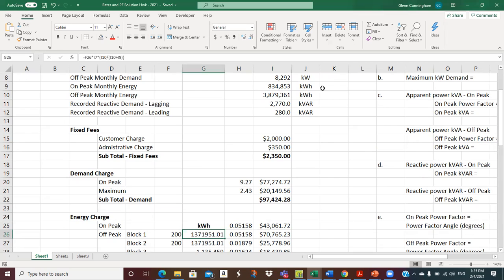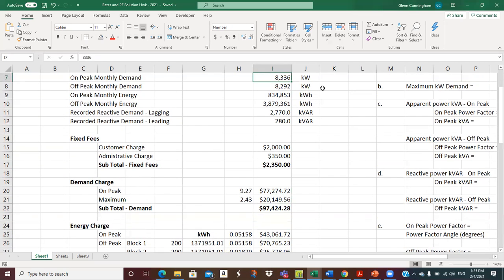And then for the first block of the off-peak, you take your 200 hours times your on-peak demand. So let's see, F26 is the 200, I7. Let's see if I got that right. I7, that's the on-peak demand. So that's correct.